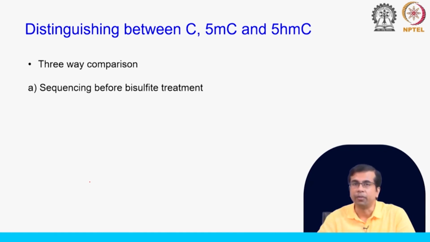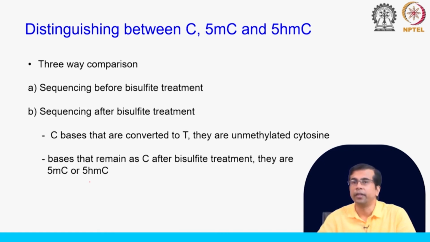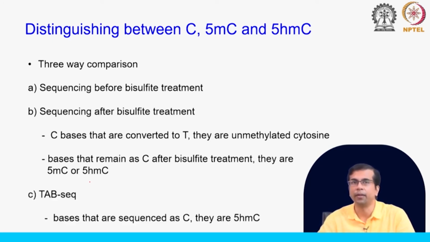So we have to sequence before bisulfite treatment to get the original sequence, then sequence after bisulfite treatment. C bases that are converted to T are unmethylated cytosine, so we identify them. Bases that remain as C after bisulfite treatment are 5-MC or 5-HMC. We cannot distinguish just after bisulfite treatment between 5-MC and 5-HMC.